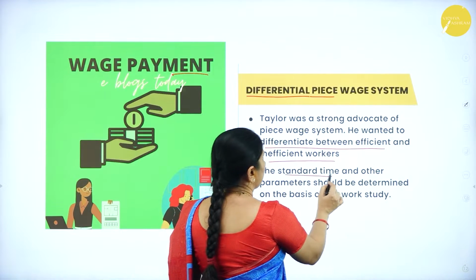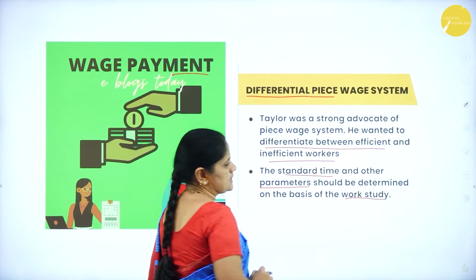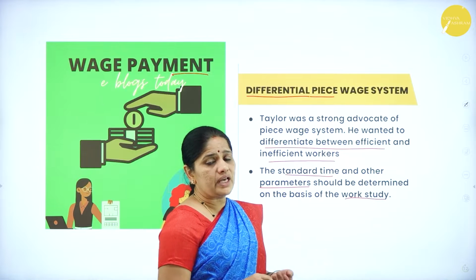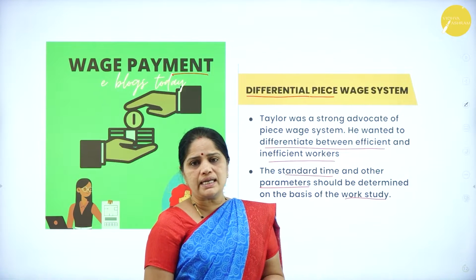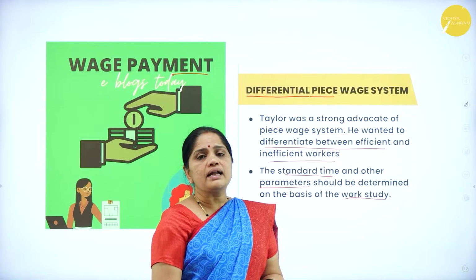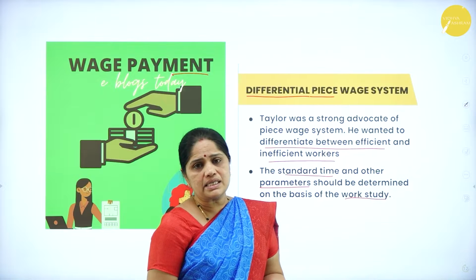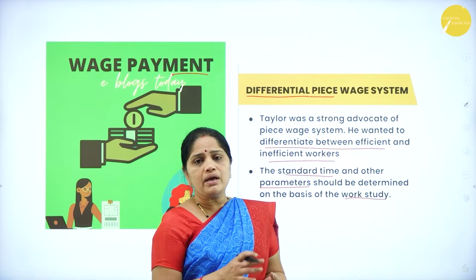The standard time and other parameters should be determined on the basis of work study. Now, Taylor, as you all know, as we have already discussed, there was time study, method study, motion study, and fatigue study. And after studying all these, the last thing Taylor said is that we should fix a differential piece rate wage system.